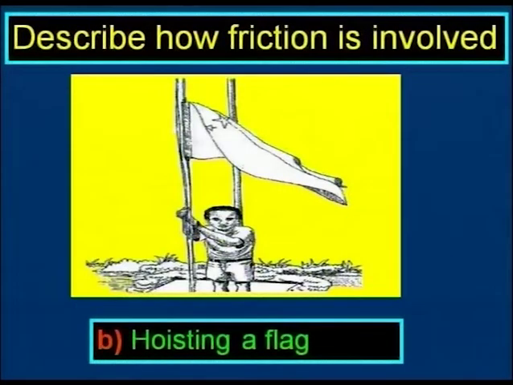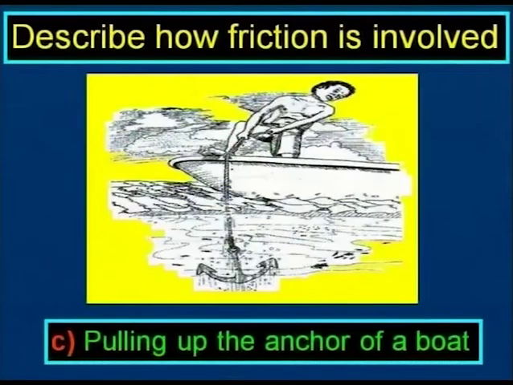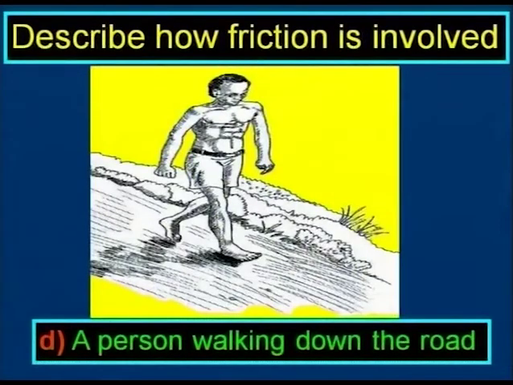You also describe how friction is involved in hoisting a flag, meaning pulling it up. You also describe how friction is involved in pulling up the anchor of a boat. How is friction involved when a person walks down the road?